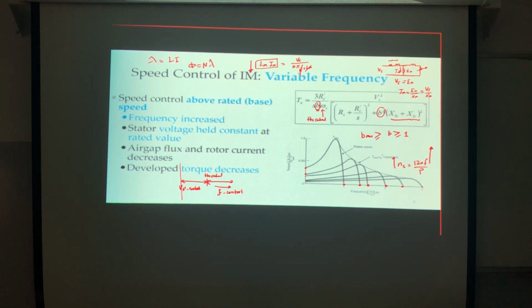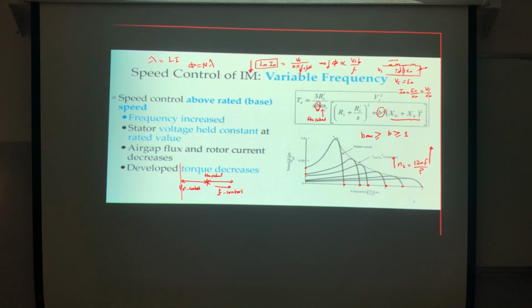Why? Now, do you remember when we change the voltage alone? If I'm changing the voltage alone, what will happen to the flux? We assume that the flux, in the end of the day, will be proportional with Vs over the frequency, correct? You see it? From here on. Later on, I will derive this one. Now, in the voltage control, I'm reducing the voltage, so the flux will be reduced, correct?